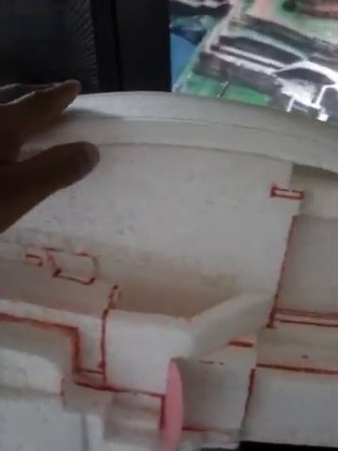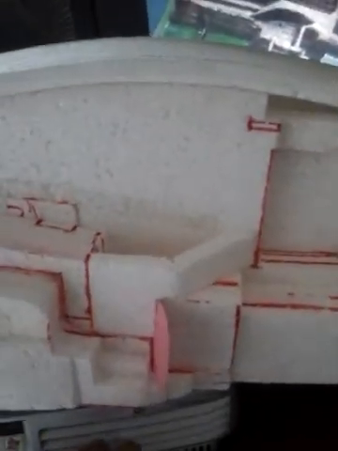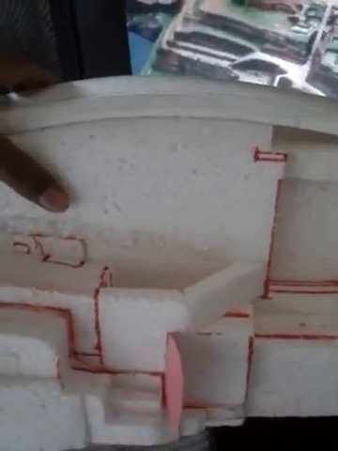An aerofoil has a low pressure zone at the top area, and also a high pressure zone at the bottom. The high pressure zone pushes the aircraft wing upward. This is how the aircraft flies.